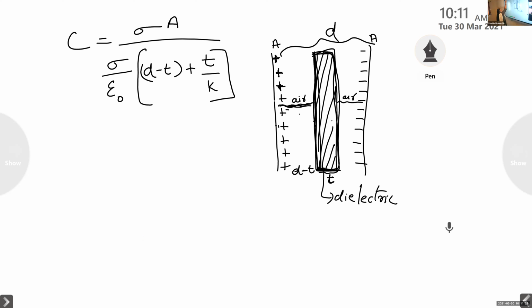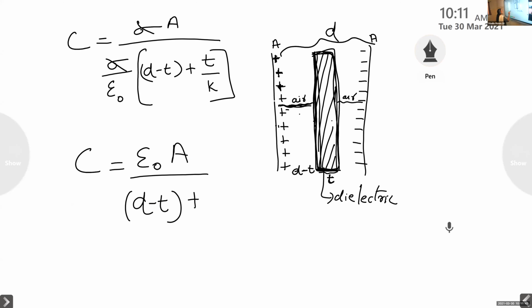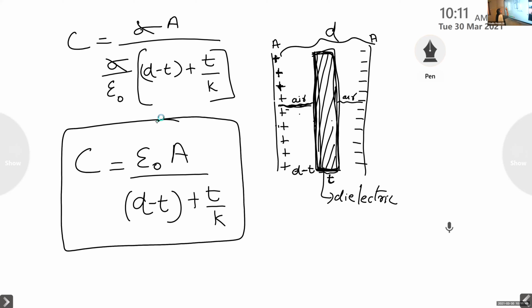Then here also the sigma and sigma cancel. So we have C is equal to epsilon 0 A divided by D minus T plus T by K. This is the expression for the capacitance if there are two mediums present between the conductors.